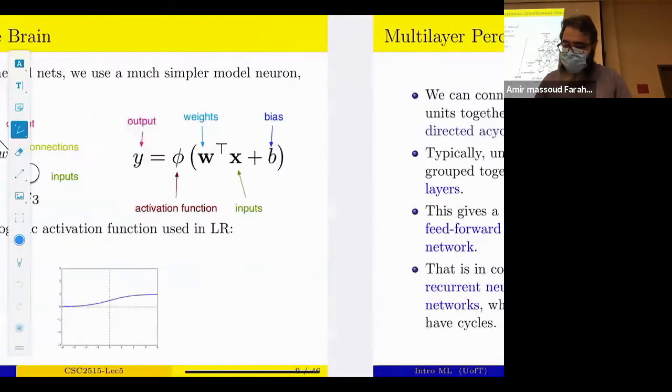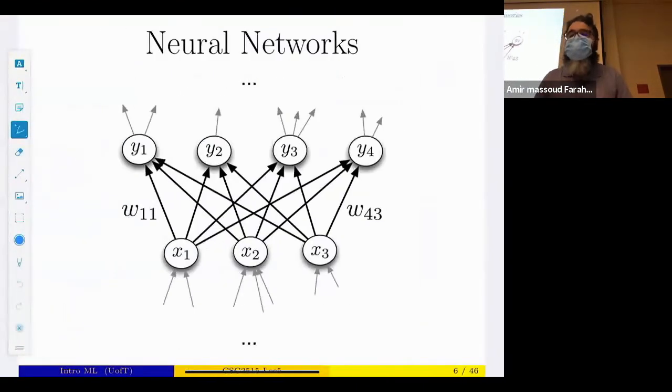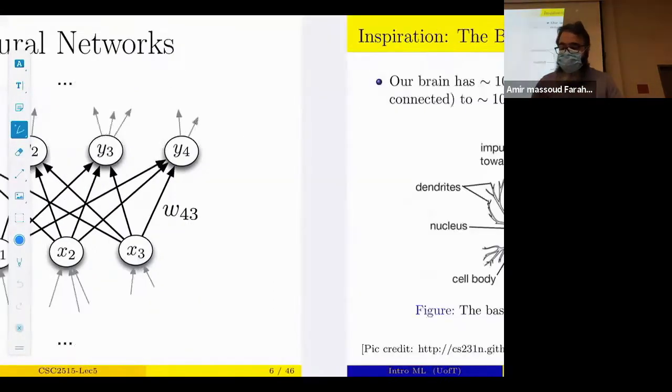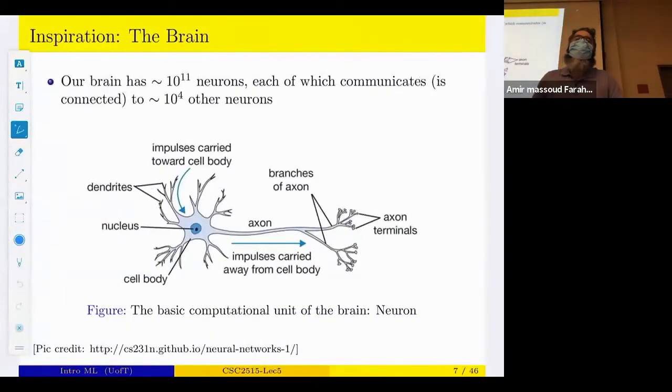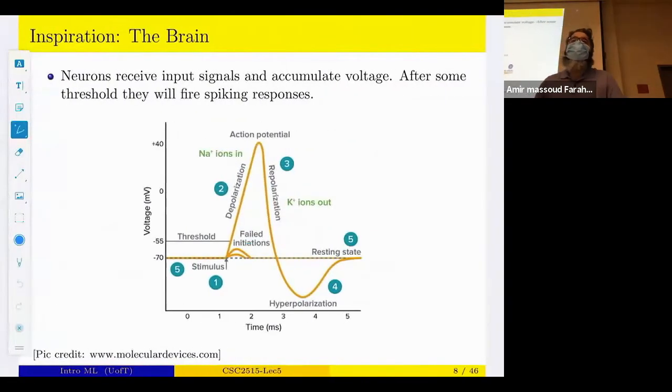I'll go through this very quickly. We talked about neural networks. They are inspired by the brain, but they are not exactly how a brain works.